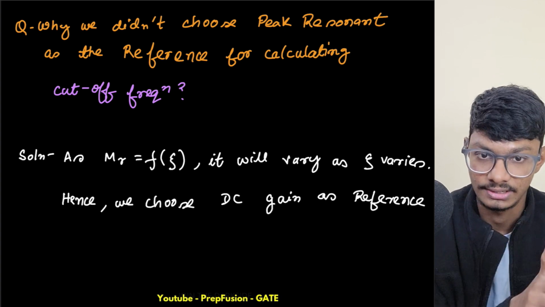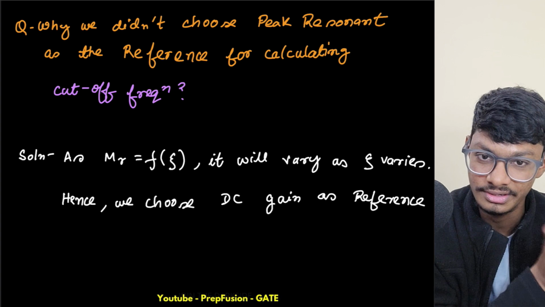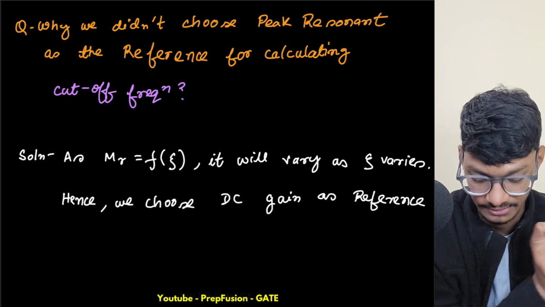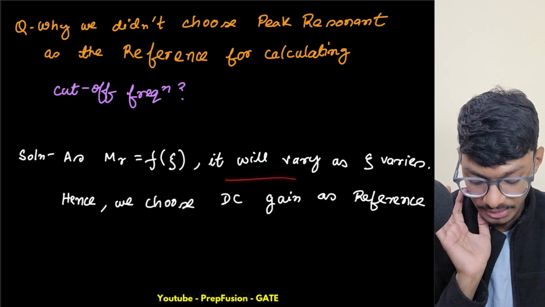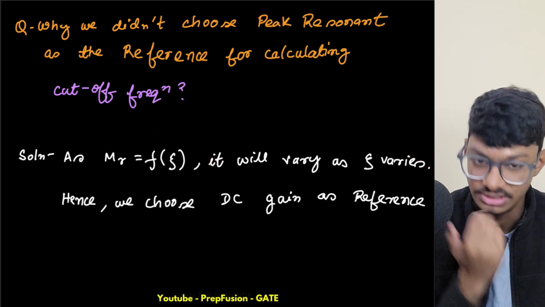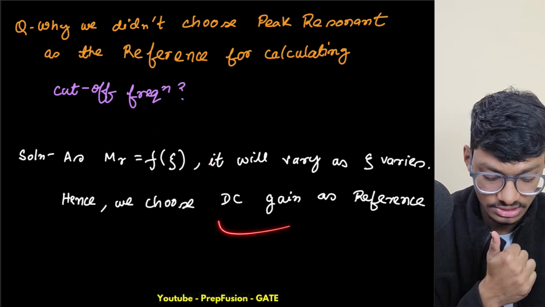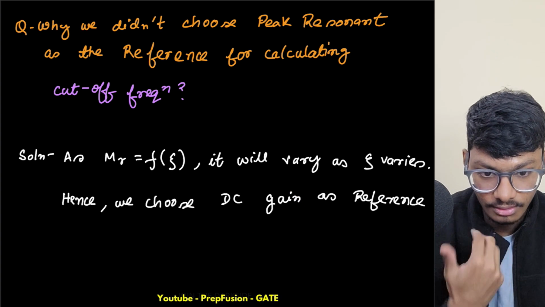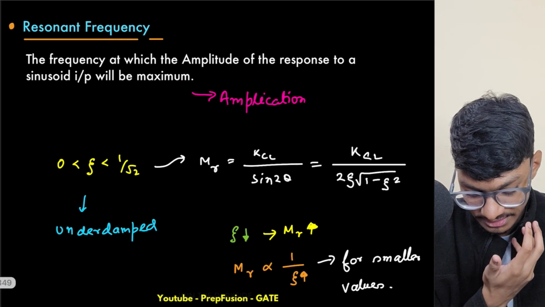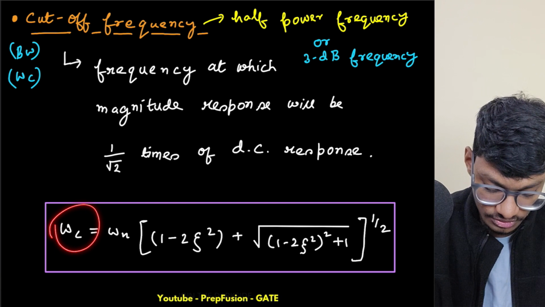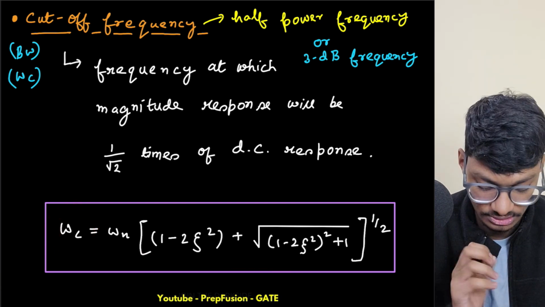It is always K_DC, not Kirchhoff's current law. It is K with subscript DC. My peak resonance will vary as zeta varies. Hence we choose DC gain as the reference, because if zeta itself varies, one thing is for sure, our cutoff frequency varies with zeta, that is fine.